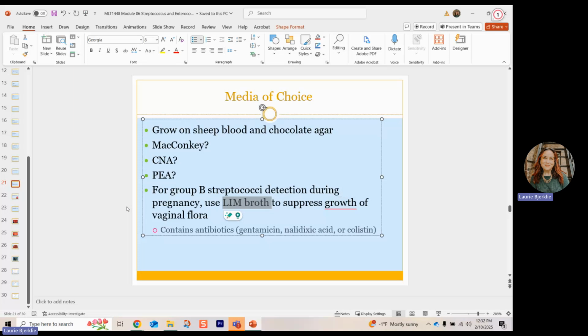LIM broth has different antibiotics. That will help suppress the growth of all the other normal vaginal flora that might be in there. And you have a lot of normal flora in your vagina, so we'll have antibiotics added in that LIM broth to suppress the growth of the other normal stuff. That way, if there is group B strep there, it will come through, and we can look for it that way. So LIM broth is used for the group B strep.